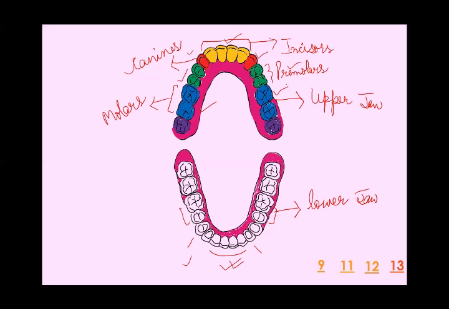Total 4 in the upper jaw and similarly 4 in the lower jaw. So total is 8 in number. And you observe that the position is just beside the premolars. And this is the wisdom teeth. I have colored it with purple color.